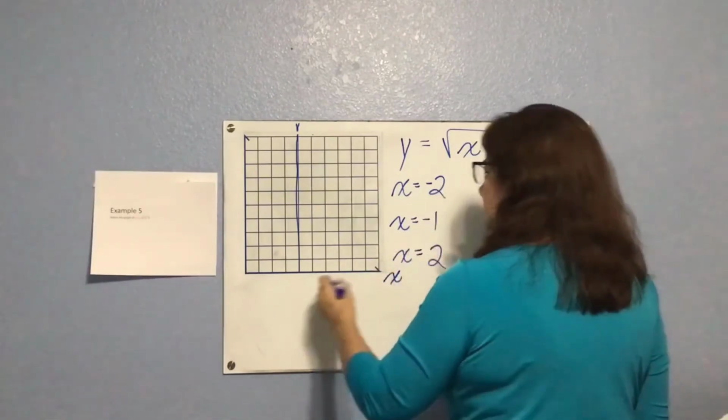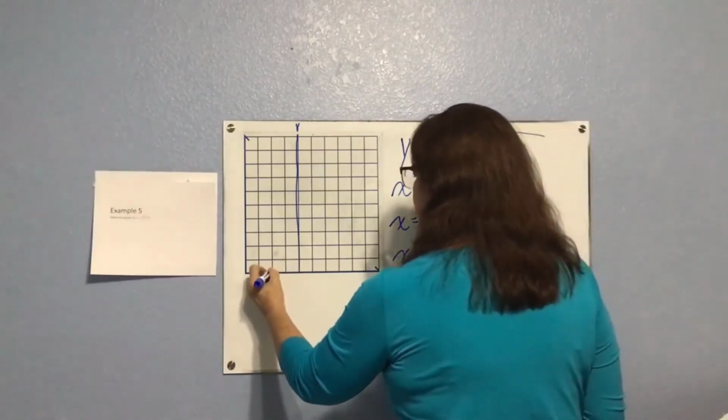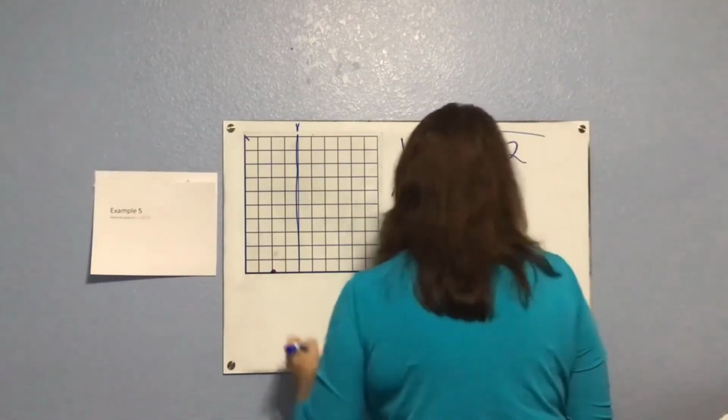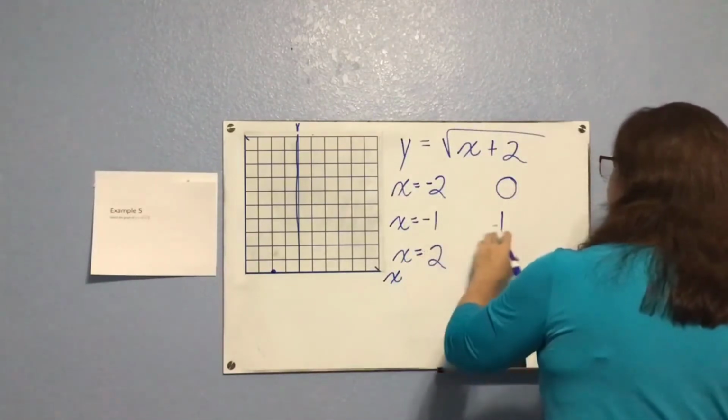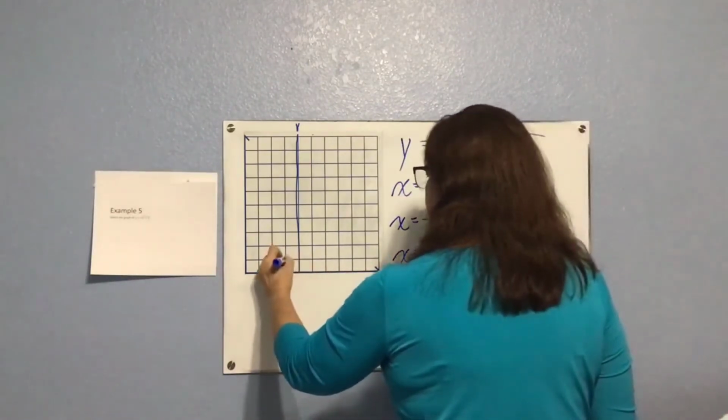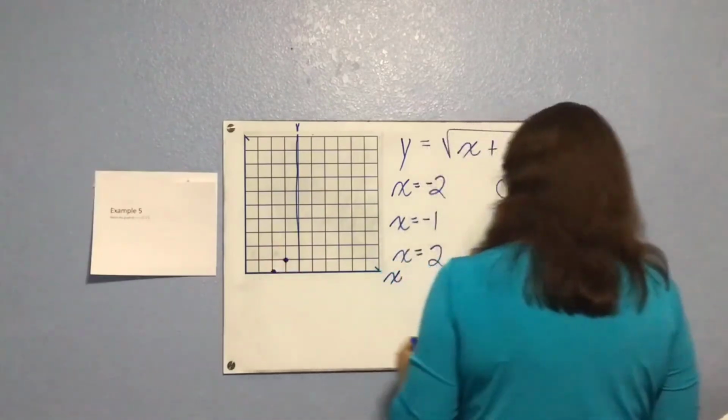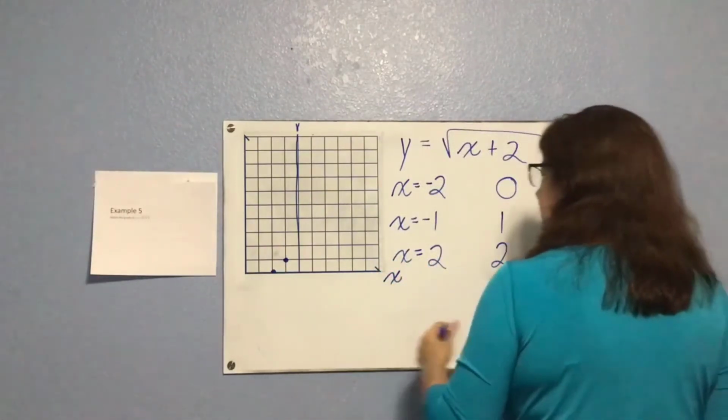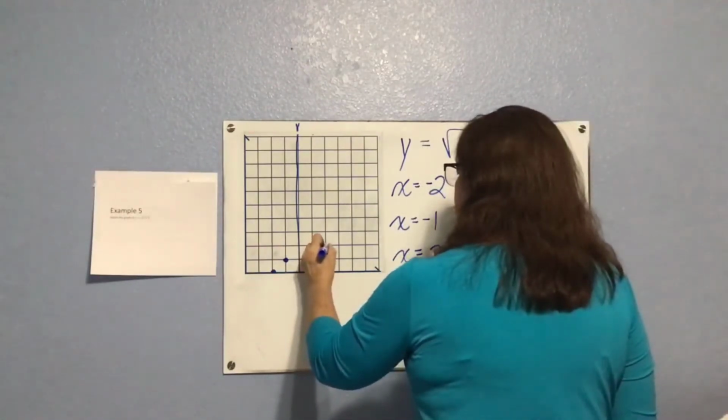And I've got negative 2, 0, so negative 2, 0 is here. Negative 1, 1 is my next point. And then positive 2, 2 would be here.